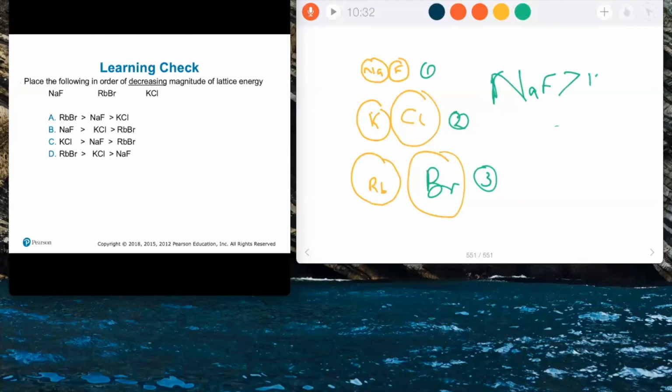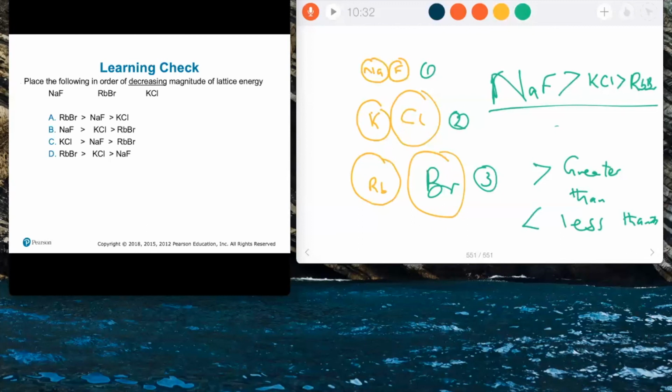Potassium chloride greater than rubidium bromide, like that. This means greater. And of course, this one means less than.